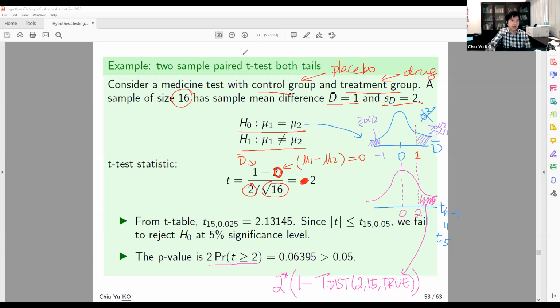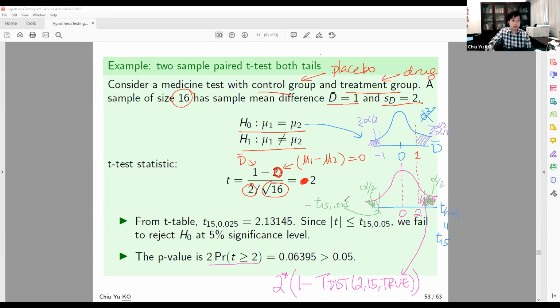Alternatively, you can look at the two-sided case. You want to look at what gives you 5%, so both sides equal alpha over 2. What is this number? This number is T15 at negative 0.025.